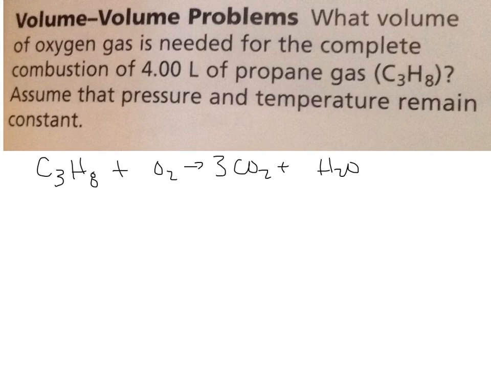So we have a 3 here, we have a 4 here. That gives us 6 oxygens. And this one, there's 6 and 4, oh, that is 10, which means that this coefficient needs to be a 5.